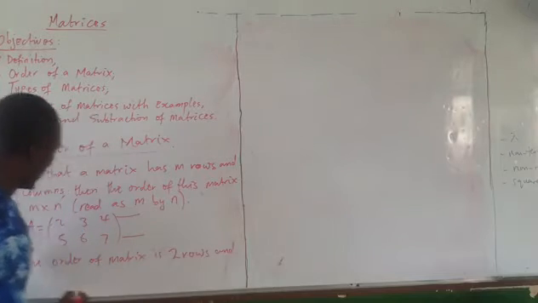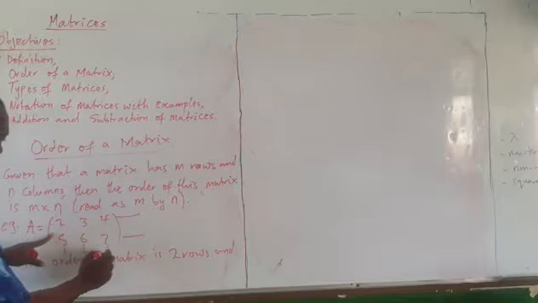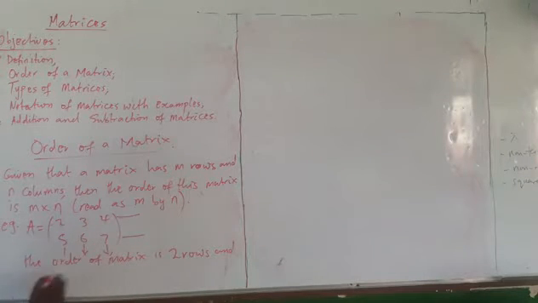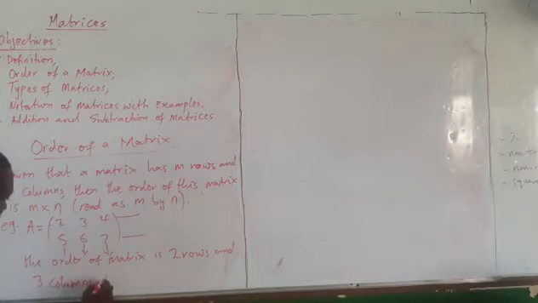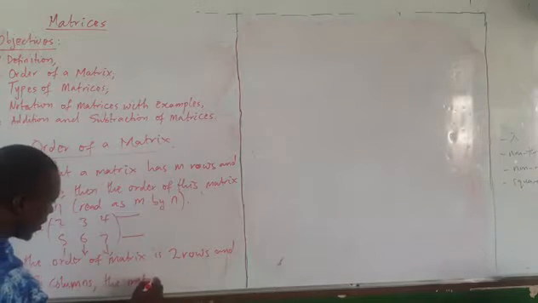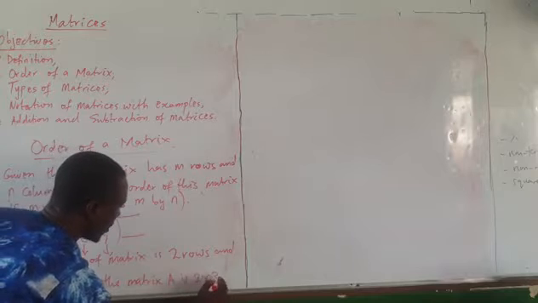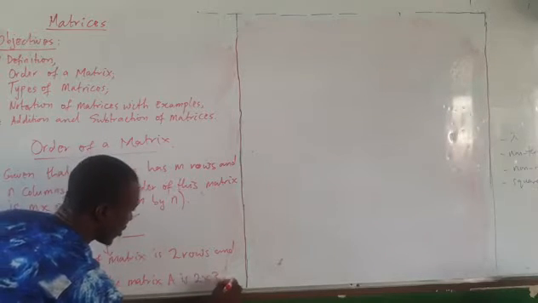Then the columns: one column, another column, then another column, making 3 columns. So 2 rows and 3 columns. The matrix A is a 2 by 3 matrix.